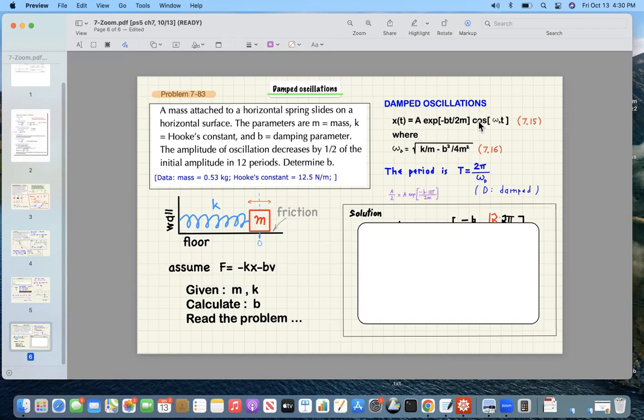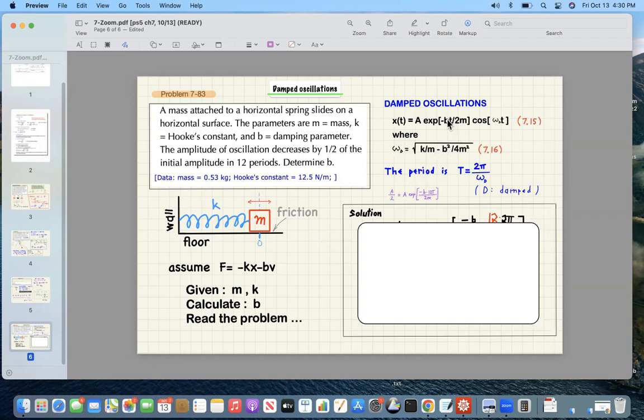And then there's still an oscillating part, at least if the damping is small, which we can represent by a cosine function, cosine omega t. And omega depends on the spring constant and the damping constant and the mass.